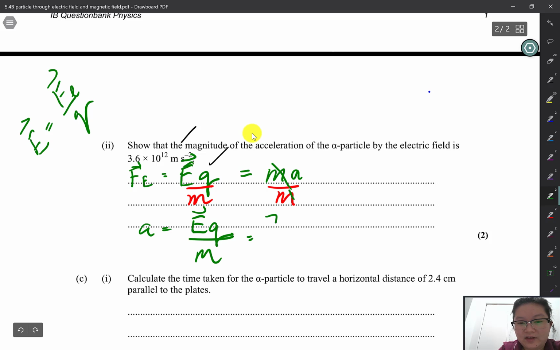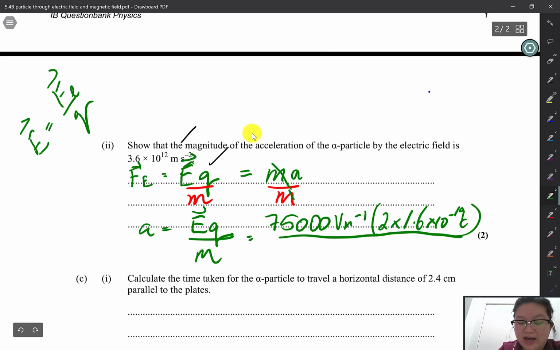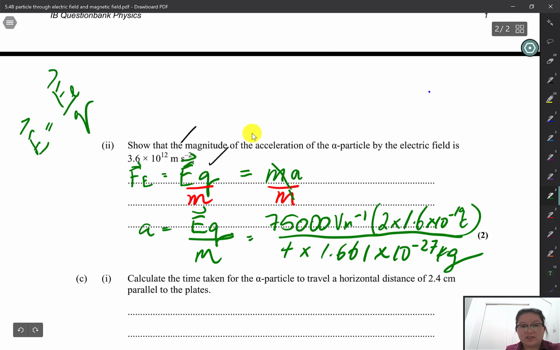The field from the previous question was 75,000 volt per meter times the charge, 2 times our elementary charge. And then the mass is going to be 4 times the unified atomic mass, since we have an alpha particle. Okay, and putting all this in.